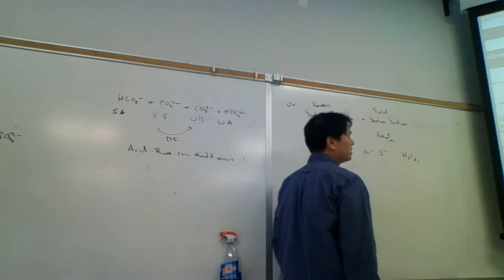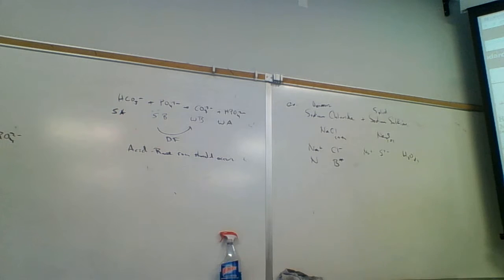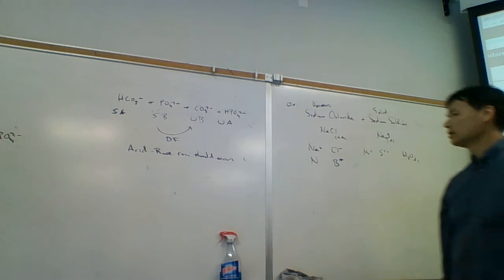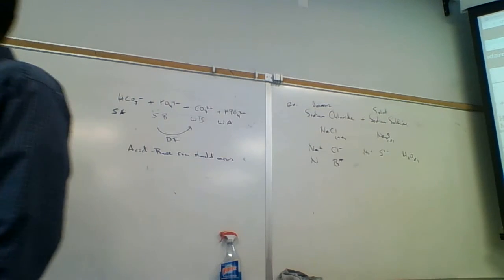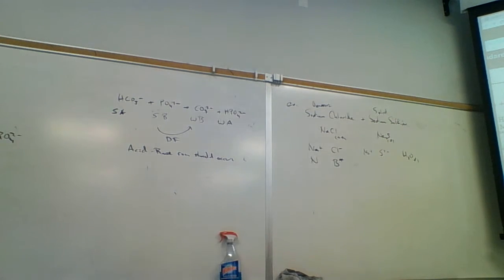But this base is, in fact, weaker than water. Weaker than water. And so let's say you ran out of antacid. Can you use a table salt instead, sodium chloride? Will sodium chloride help neutralize your stomach acid?